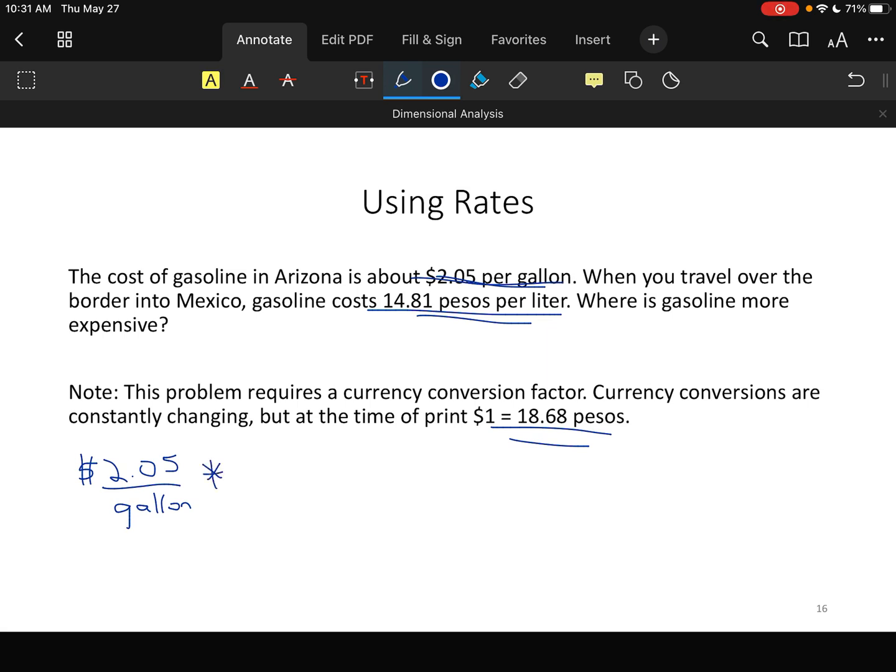We need to get out of a gallon. So we got to say, okay, well, 1 gallon. Oops, I'm in the wrong spot. So 1 gallon. And now notice this time the gallons are in the numerator. Let's go back and see.